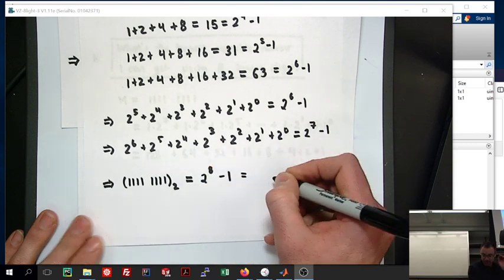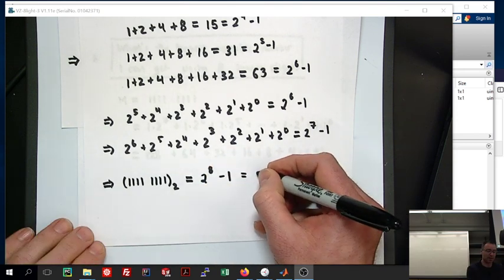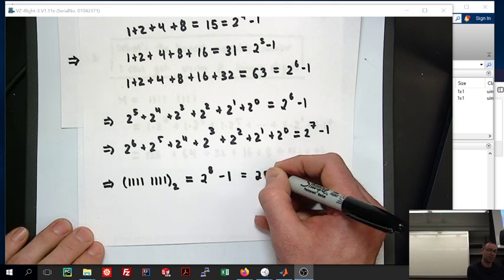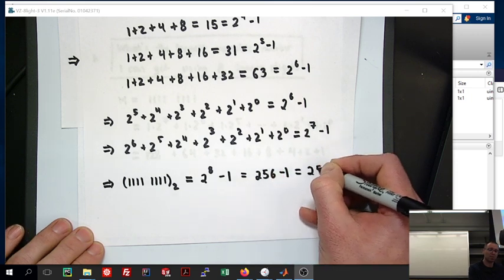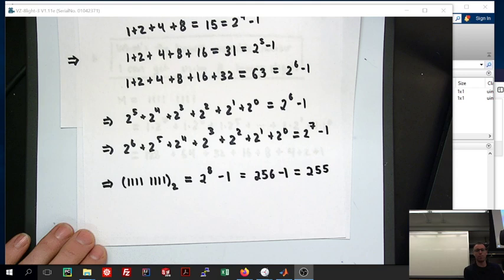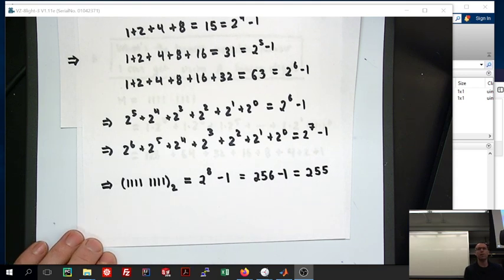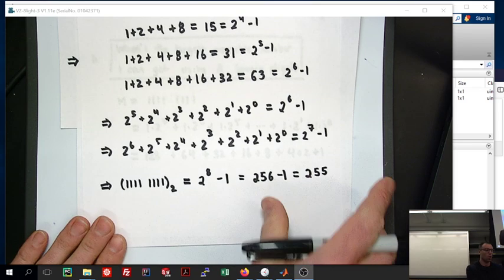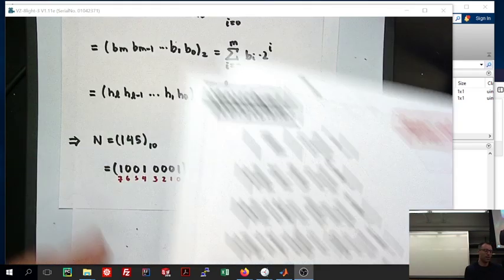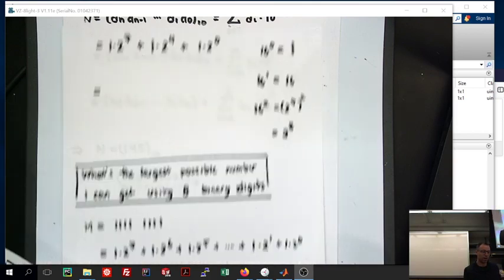Well, 2 to the 8th, I suppose that's going to be something like 256, right? What's the largest possible number that I can represent with a string of 8 bits? 255.